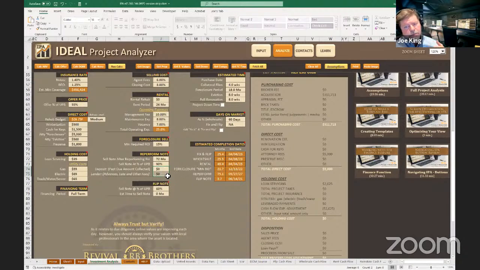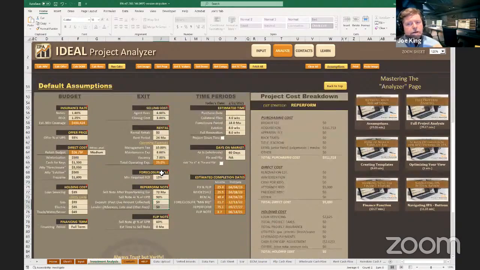This could be things like we did a loan modification and we put some stuff on the back end of that loan, and that is all due when it's refinanced or when it sells or whatever. And that's what would go into these areas here.